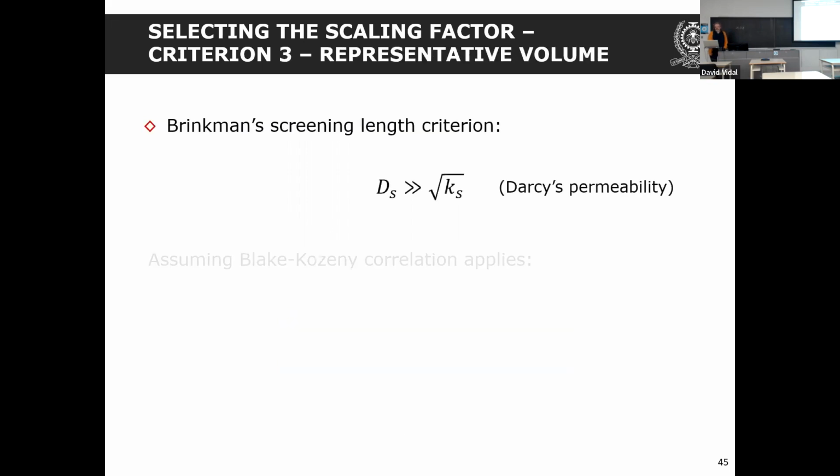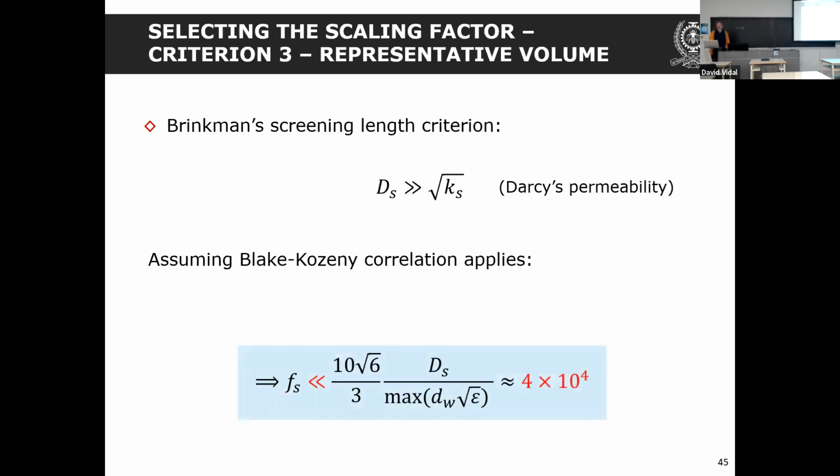The other one is what we call the Brinkman screen length. It tells us that if you have the elementary representative volume of your porous media, the size of your sample should be much greater than the square root of the permeability that you're trying to measure. So this scaling factor needs to be much smaller than 40,000.